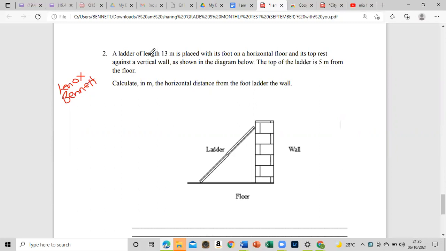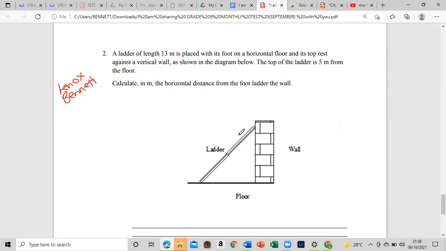A ladder of length 13 meters is placed with its foot on a horizontal floor and its top rests against a vertical wall, as shown in the diagram below. The top of the ladder is 5 meters from the floor.